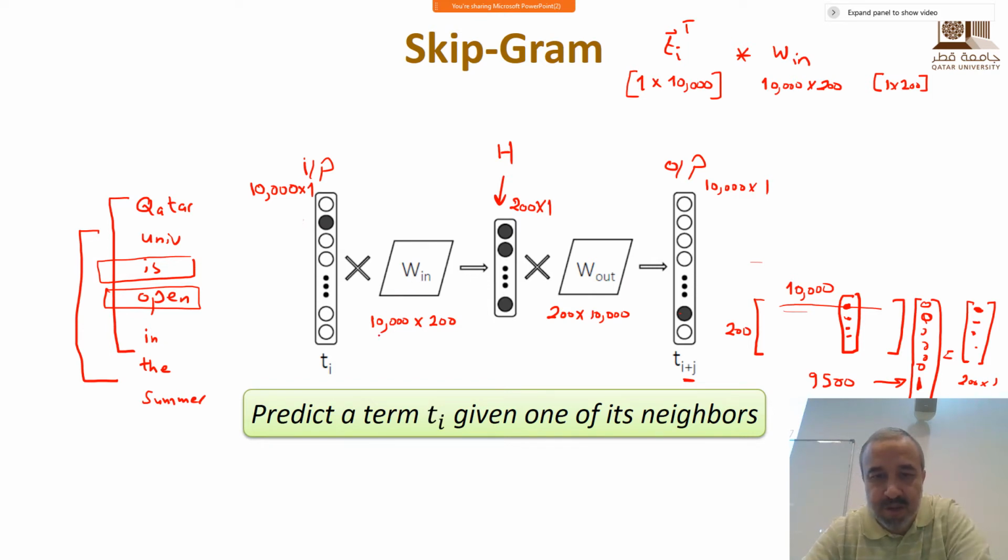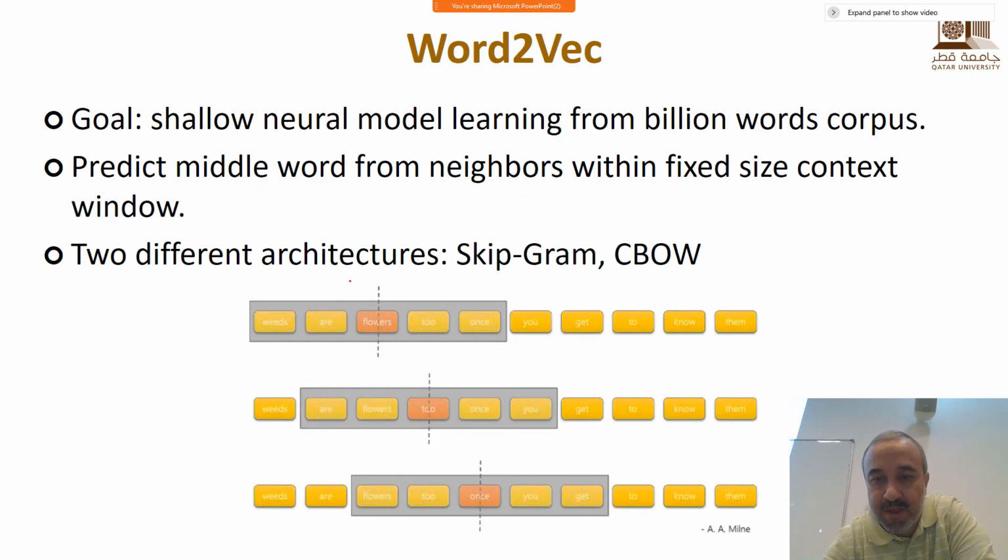So when we do that, let's try. Actually, this is wrong, by the way. This should be 200 by 10,000. Yeah, there is some transpose here. Okay, let me see.